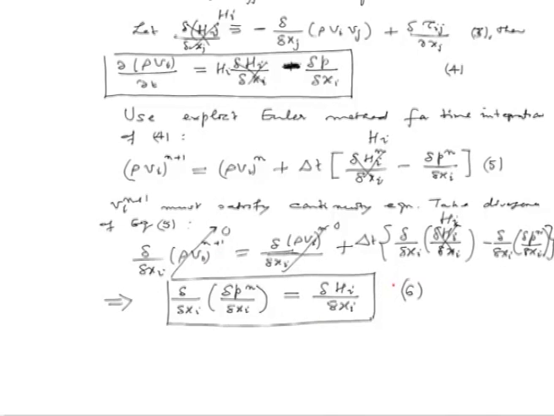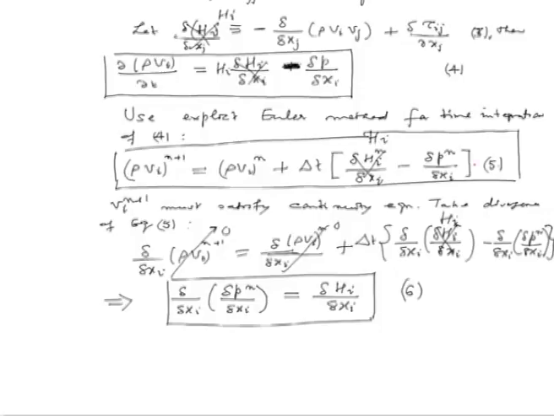So now we have got all the tools which we require for explicit time integration. If you wanted to use the formula given by equation 5, to obtain the value at time level n plus 1, we needed the evaluation of H_i and this δP^n over δx_i. H_i can be computed in terms of the values at time level n, and P^n can be computed by solution of a pressure Poisson equation.